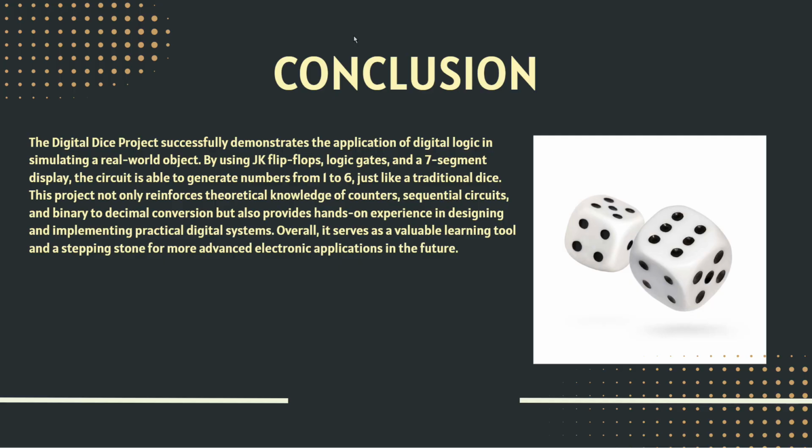This project not only reinforced theoretical knowledge of counter, sequential circuits, and binary to decimal conversion, but also provide hands-on experience in designing and implementing practical digital system. Overall, it serves as a valuable learning tool and a stepping stone for more advanced electronic application in the future.